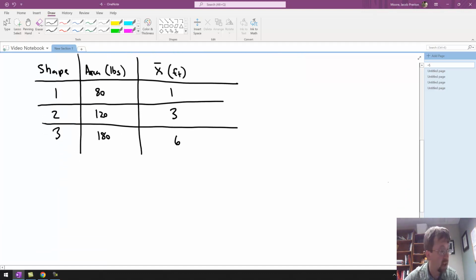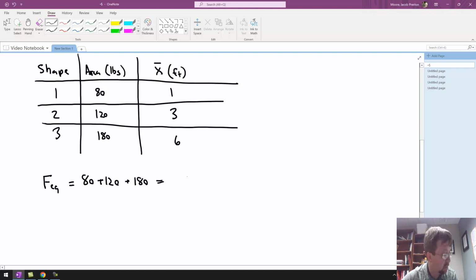Alright, now I've got my table filled in. I can do my calculations. So F_EQ, the magnitude of my equivalent point load, is going to be simply the sum of the areas. So 80 plus 120 plus 180.